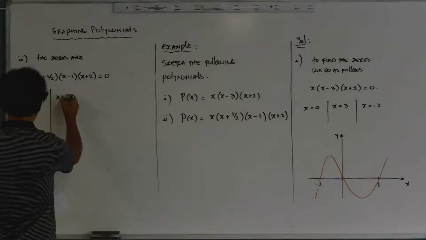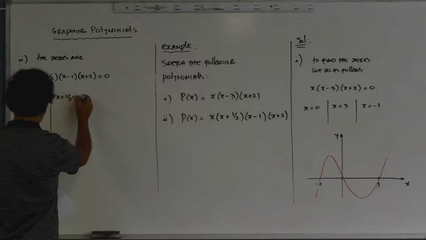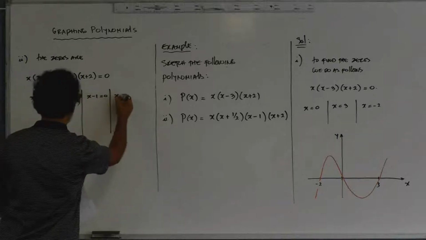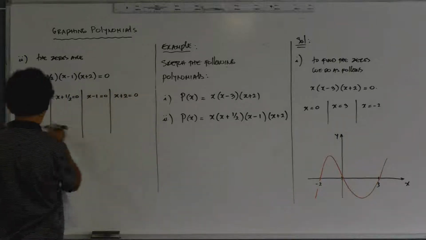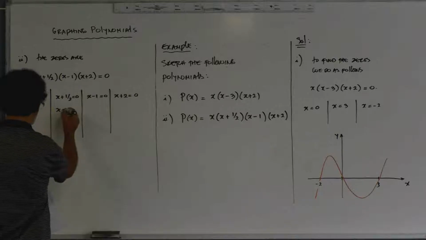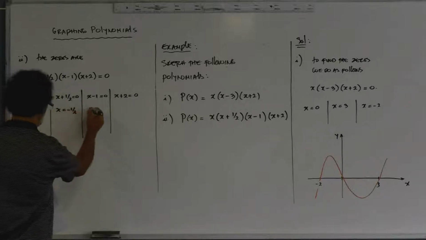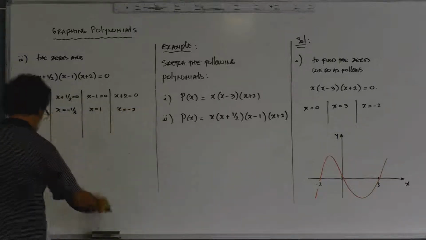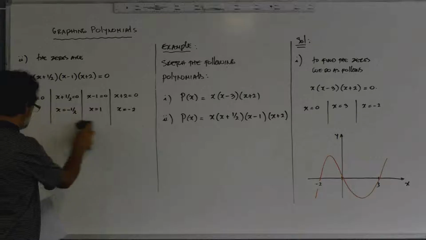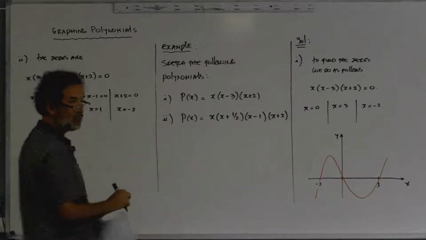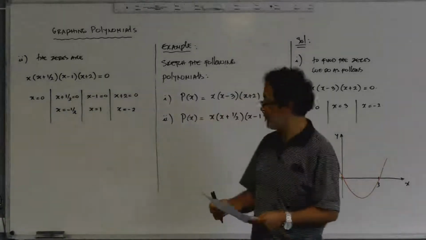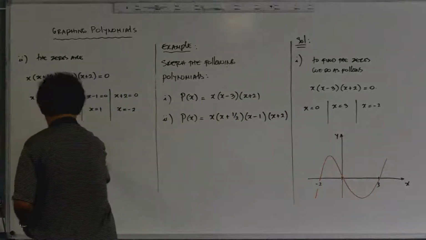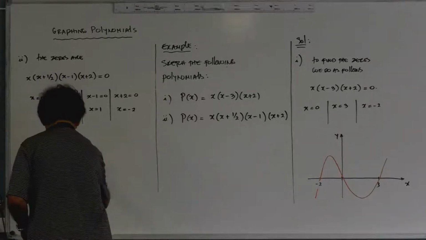And then if you want, you can say x plus half equals 0, x minus 1 equals 0, and then x plus 2 equals 0. And then you solve. That will give you x equal to negative half, x equal to positive 1, and x equal to negative 2. And you can see that in this case we have 1, 2, 3, 4 zeros. And then we sketch it.